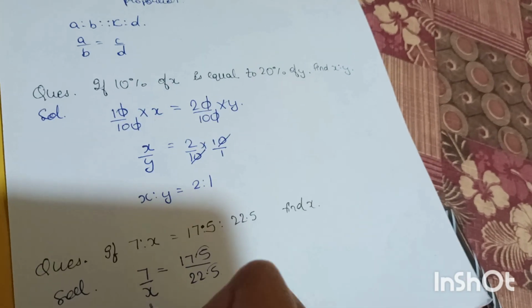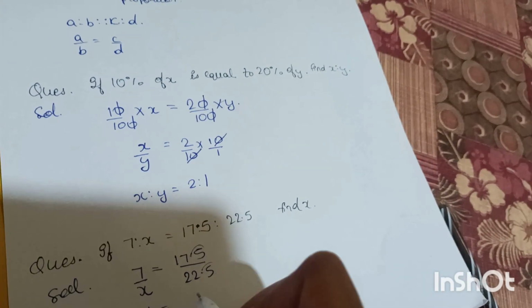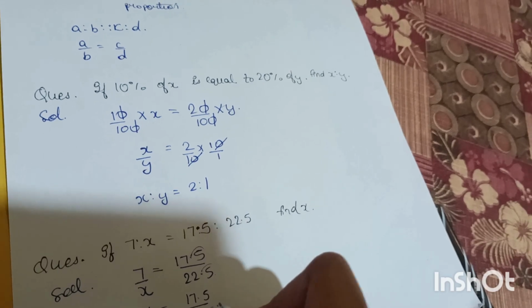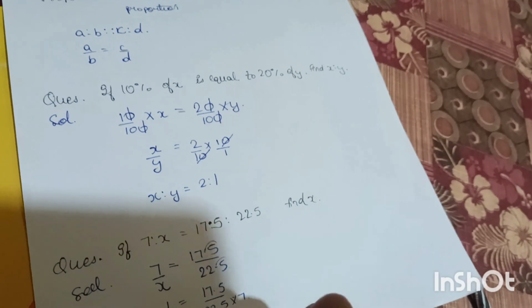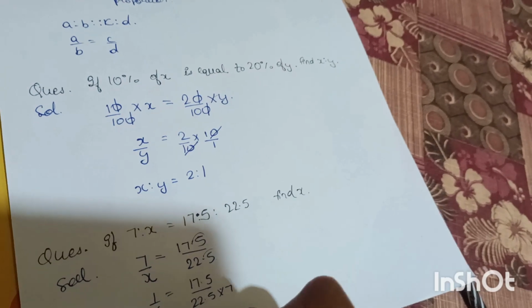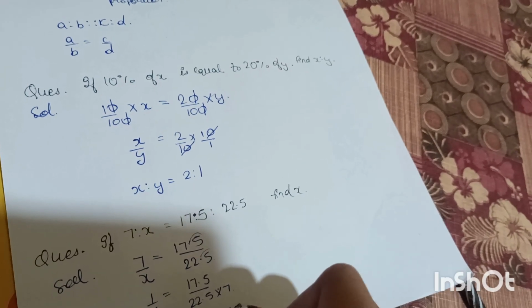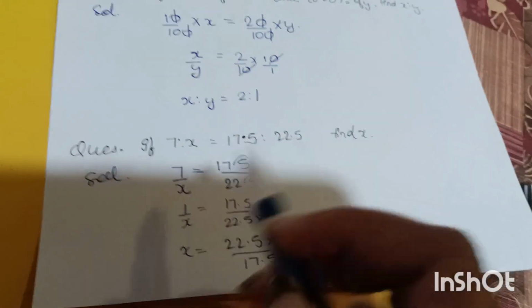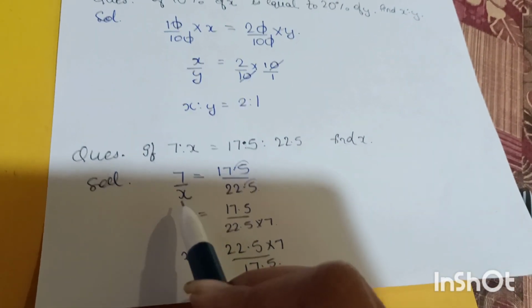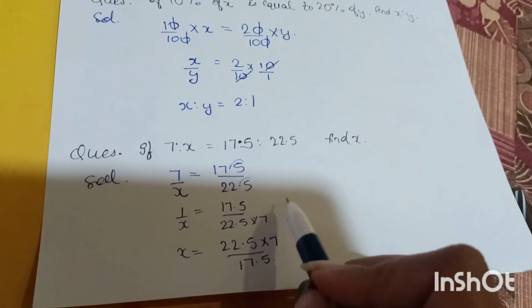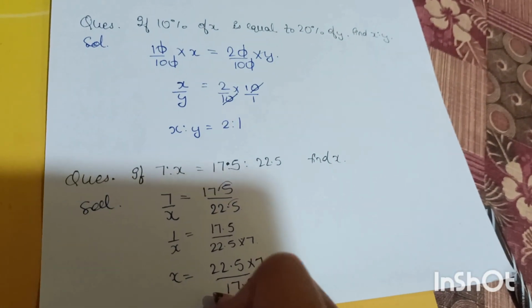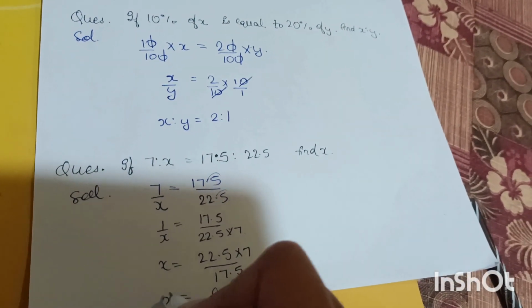Then how you'll solve it: for x, you can do it opposite, reciprocal it. When we have reciprocated this, we have to do the same on the other side also. So when you solve it out, you will get the value of x is equals to 9.